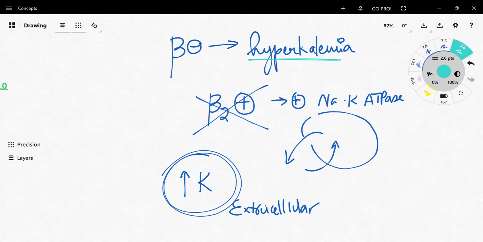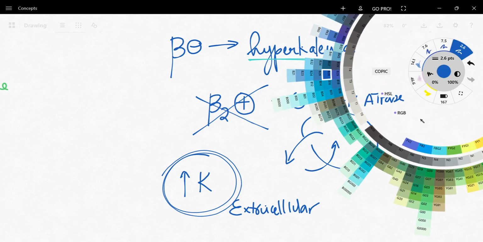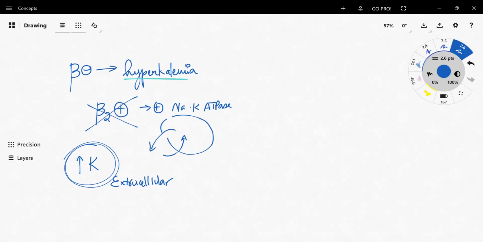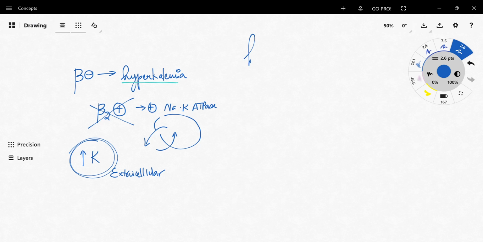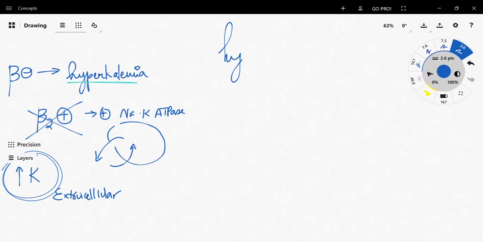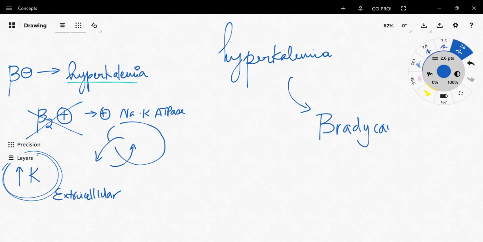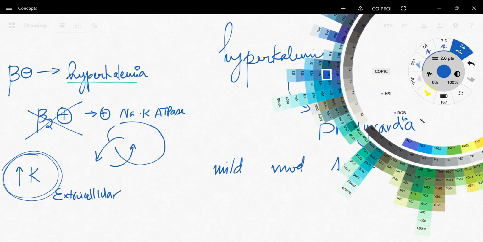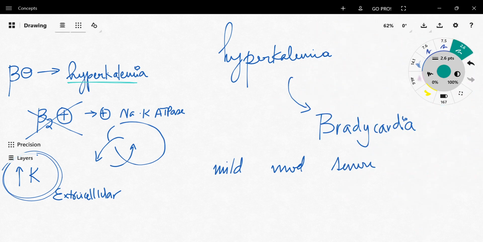Okay, now that is one thing that I wanted to say. And another bit of background that I want to give you is that hyperkalemia causes bradycardia. I don't know how much you remember, but mild, moderate, and severe hyperkalemia has different changes on your EKG, right?